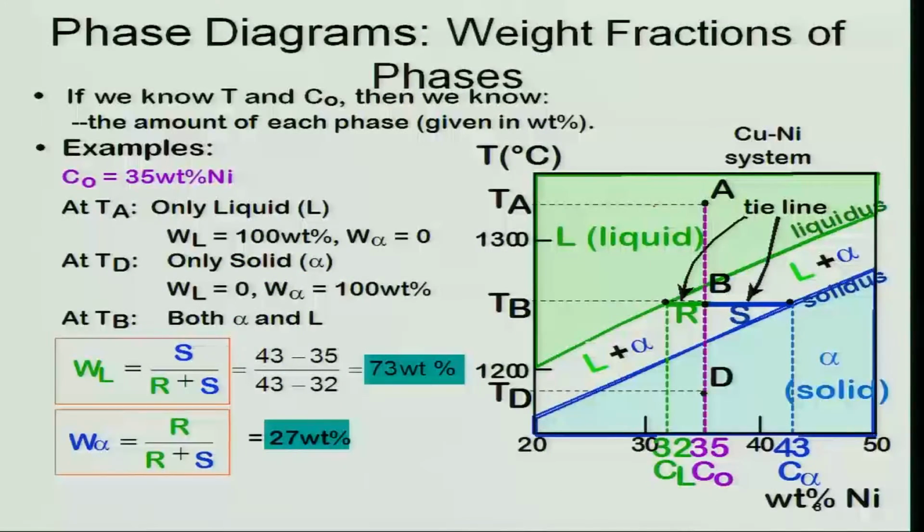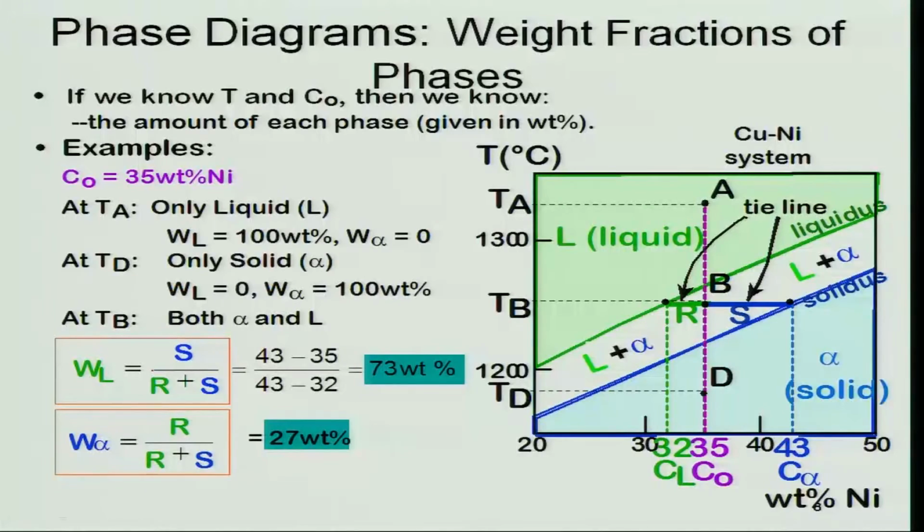So now how do I calculate? The weight percentage of liquid is given by S. S is this arm, this is the liquid side, so I go to the opposite arm. S is this arm divided by R plus S. R is the distance between the alloy composition and the liquid composition. S is between the alloy composition and the solid composition.